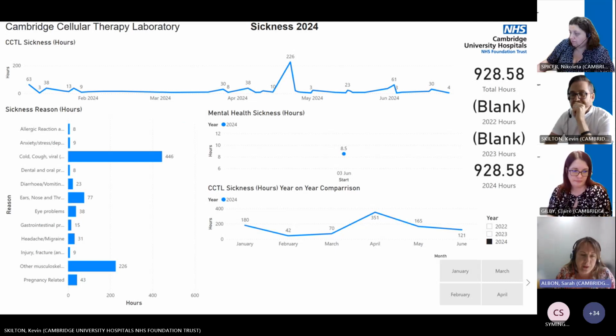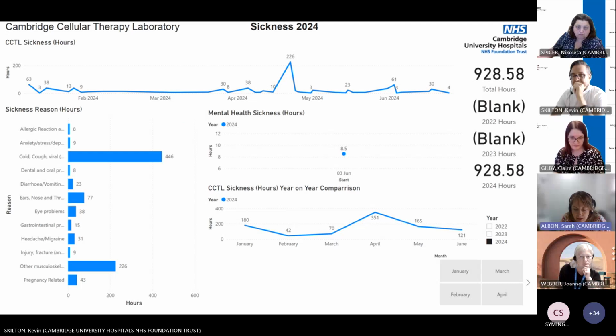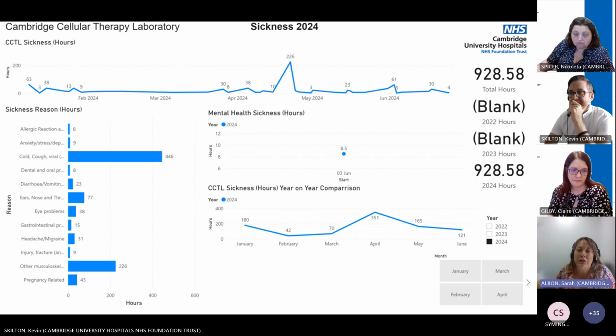So with the investment case and the recruitment and change in management, we can see that this sickness rate has come down. It's worth noting that although the 928 total hours does seem still quite a lot, our workforce has effectively doubled.